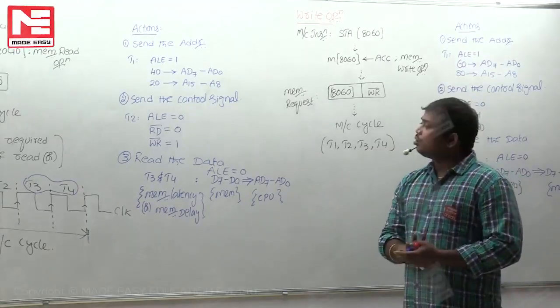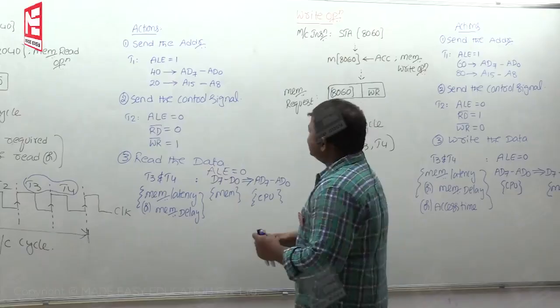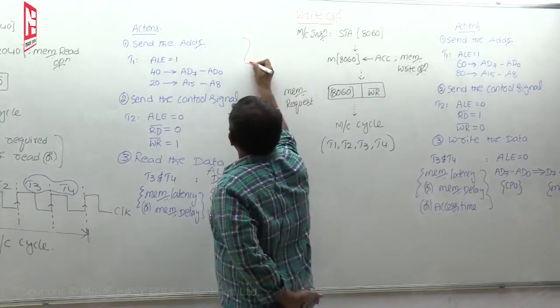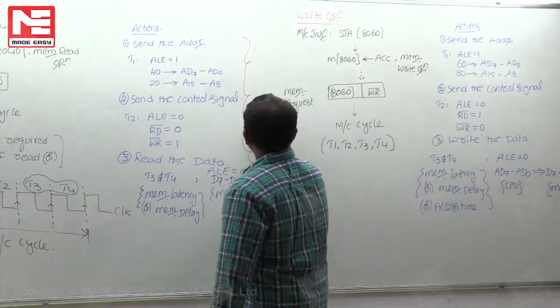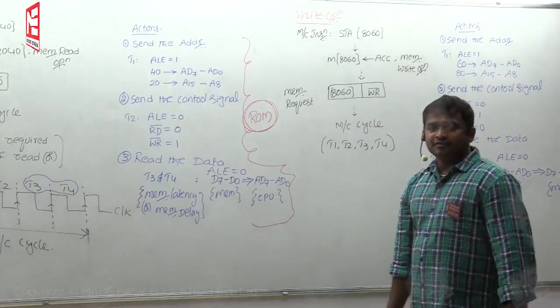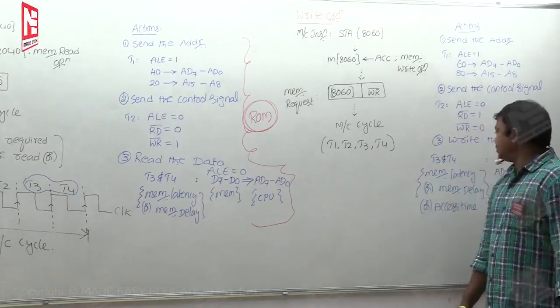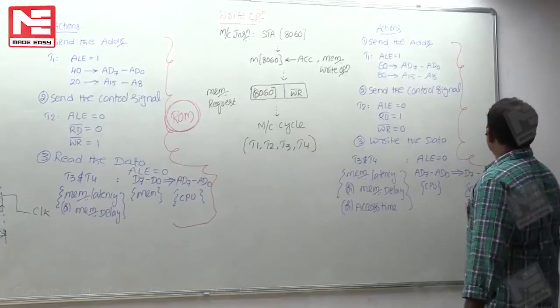Correct na? So where these signals are activated? Answer is these signals are programmed in the ROM. ROM is nothing but a control unit of the CPU, brain of a CPU. Here also these signals are programmed in the ROM.